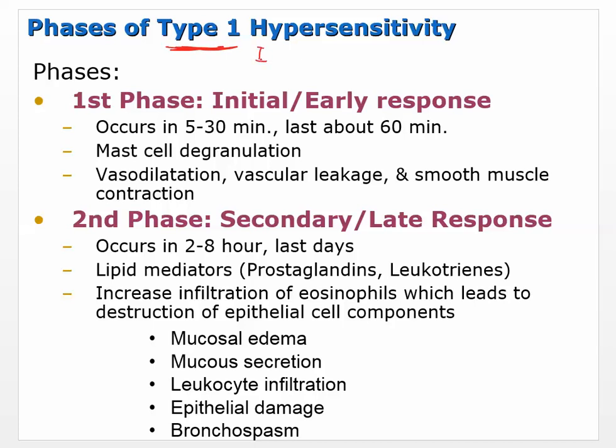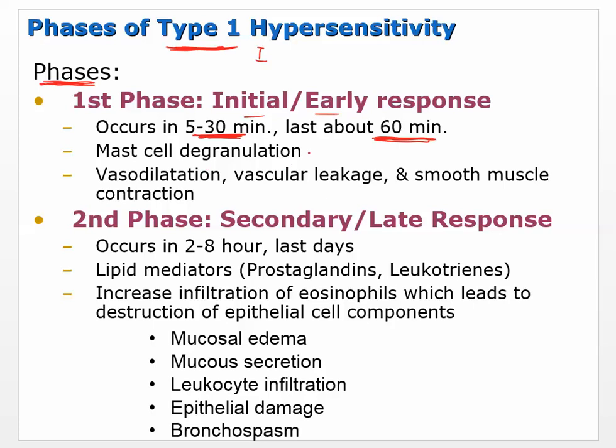We're still talking about type 1 hypersensitivity, but type 1 hypersensitivity has a couple of phases. And the first phase is what you would call, makes sense, the initial or early response. It occurs in 5 to 30 minutes, maybe even quicker, and it lasts about 60 minutes. And then it kind of starts to fade away, and that early phase is done.